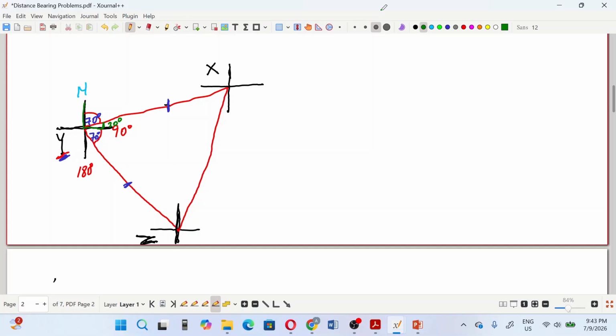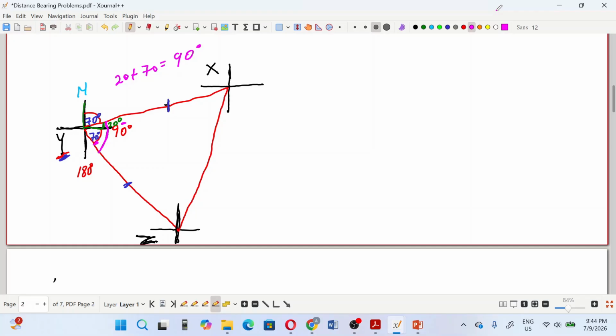So now we want to look at the total angle that is going to be formed in here. So let me use another marker here. What is going to be the angle there? The angle there is going to be the 20 here plus the 70 that we have here. And 20 plus 70 is giving us 90. So it tells us that inside that triangle that we have, one of the angles is 90 degrees.